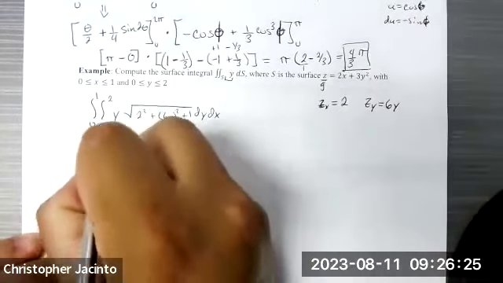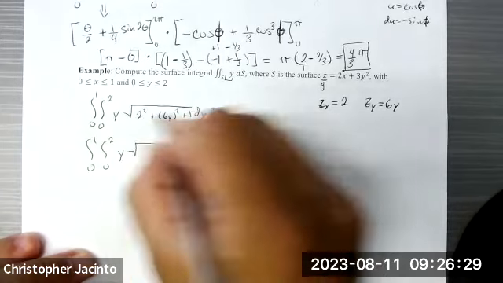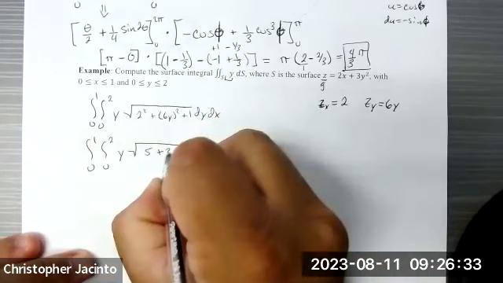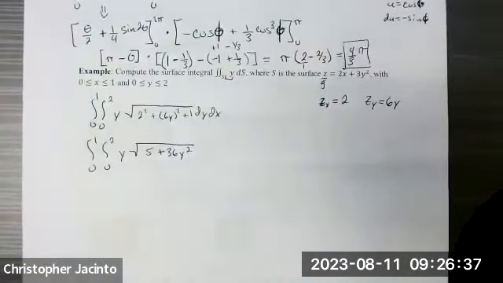So this gives us 4 plus 1 is 5, plus 36y squared. So far, so good.